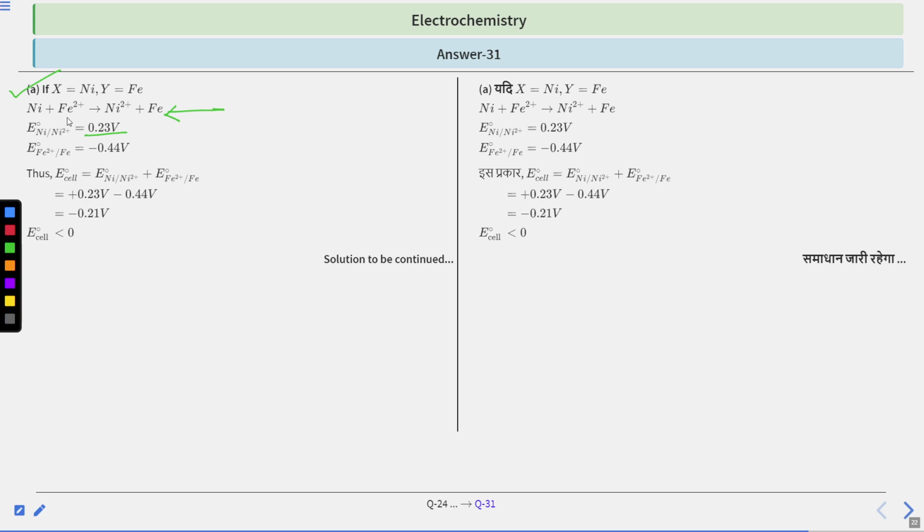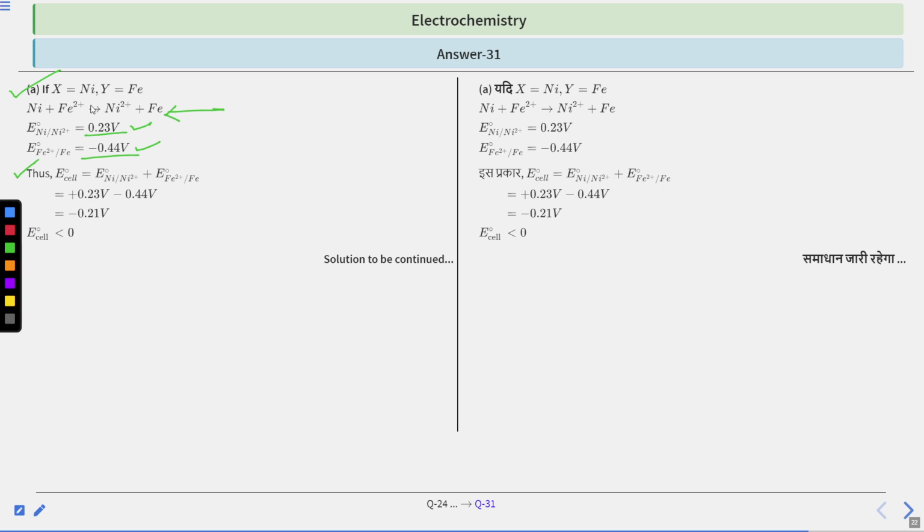E naught for Fe2 positive to Fe is minus 0.44 volt. Thus E naught of cell is oxidation plus reduction, so 0.23 volt minus 0.44 volt, because it is minus initially. We just subtract, and it comes out as minus 0.21 volt.